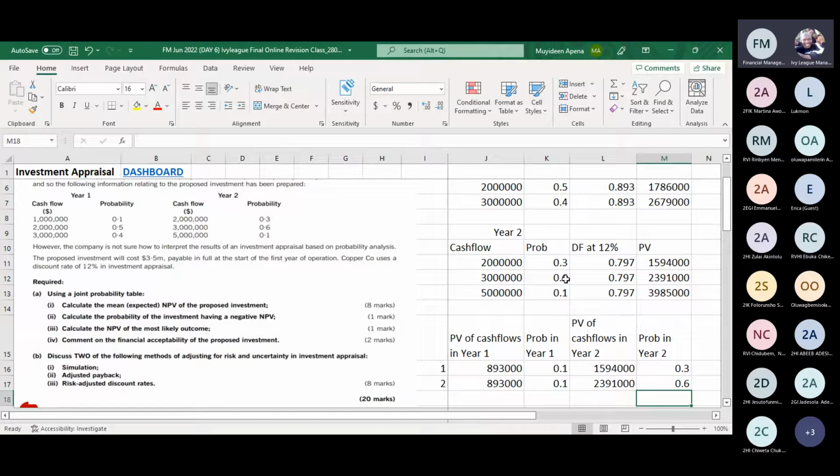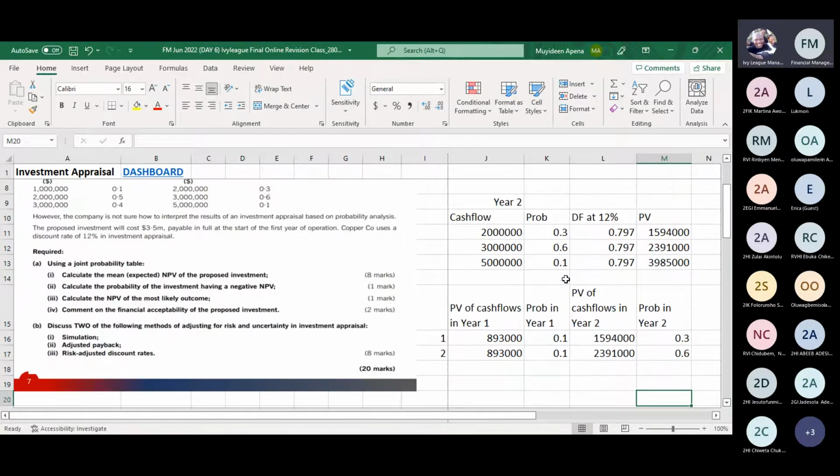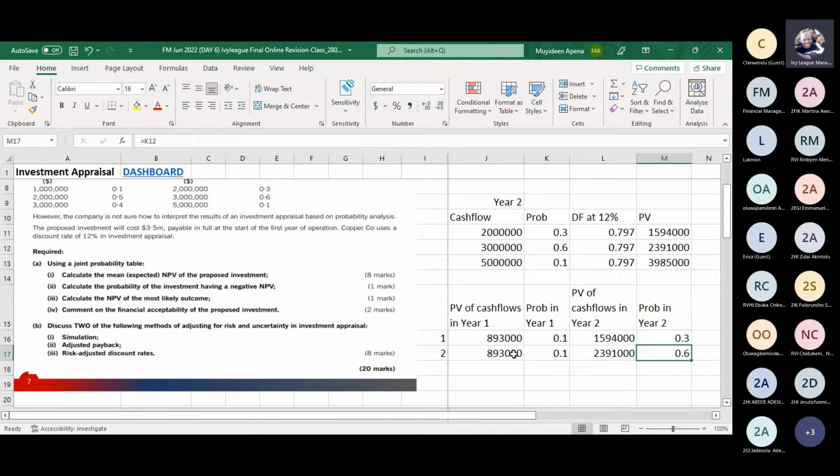Are we following? Where's the challenge? I don't understand the scenario distribution.